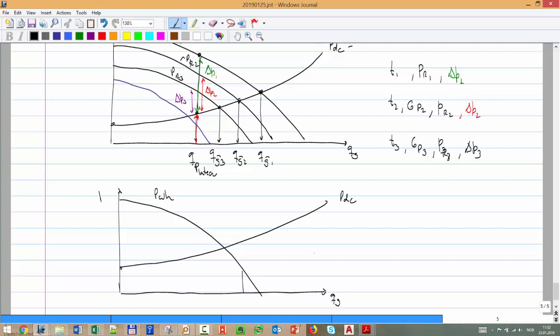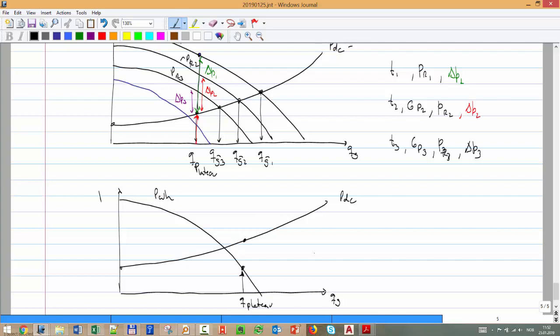And I want to produce this rate, Q1 or Q plateau. You see, now the pressure I have is lower than the energy that I need. So I need to add energy to the system. How do I do that?